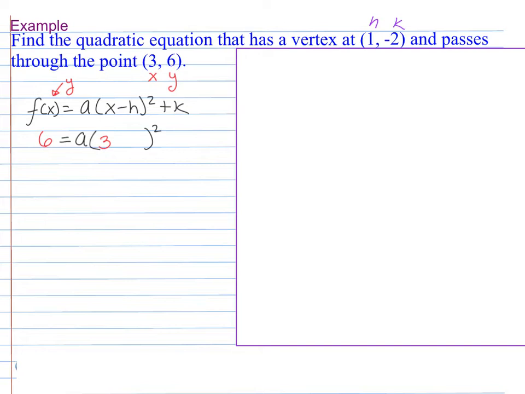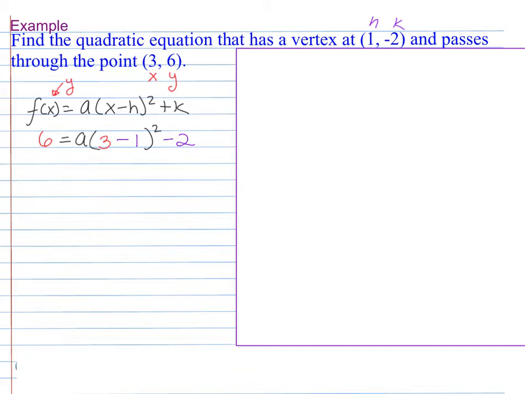minus your h value, and that means your h value right here is 1, but when you substitute it in, it's going to be the opposite. So the opposite of 1 is negative 1. And then your k is negative 2. And now you're going to use your algebra skills to simplify it.